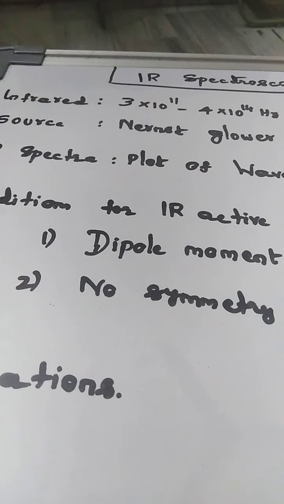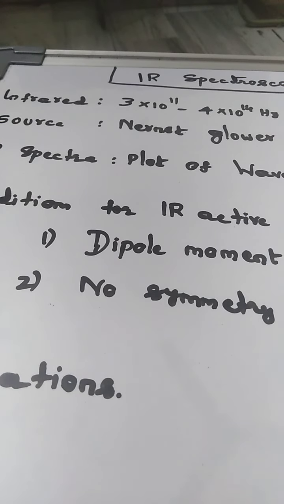And when A is converted to B, once the conversion process is over, the entire spectral pattern will be different and it corresponds to B. During the course of the reaction, the IR pattern will be a mixture of both A and B. So this is a very important application of IR spectroscopy.